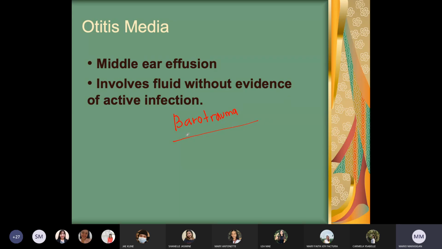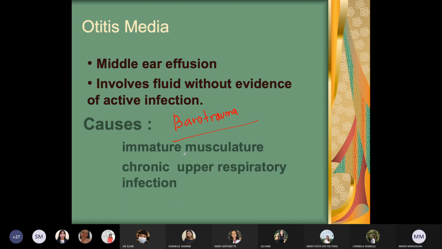What type? Secretory. Causes. So pwede ding congenital problem, immature yung musculature formation ng kanyang middle ear, or chronic upper infections. Okay.